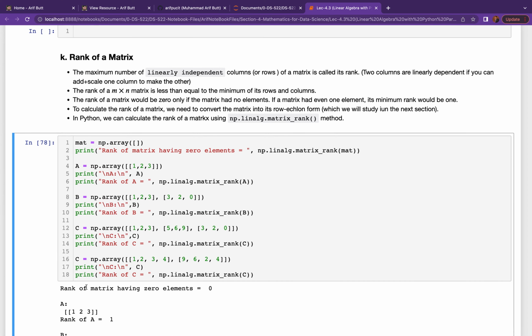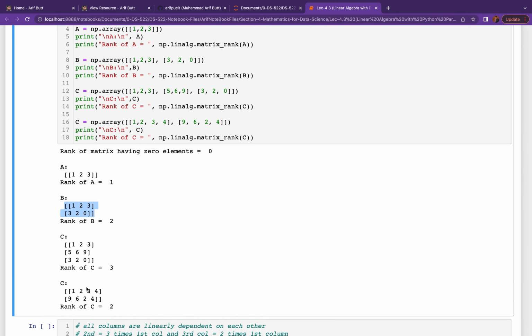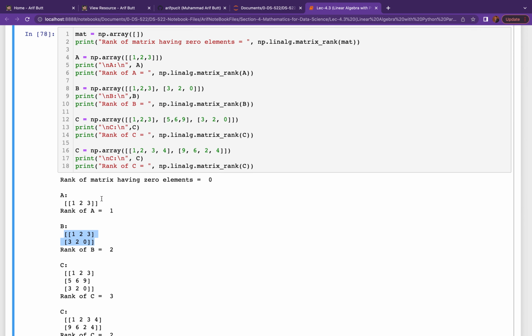So the rank of an m by n matrix is less than or equal to the minimum of its number of rows and columns. So the minimum over here is 2, and the minimum over here is 3, and over here is 2, and so on.